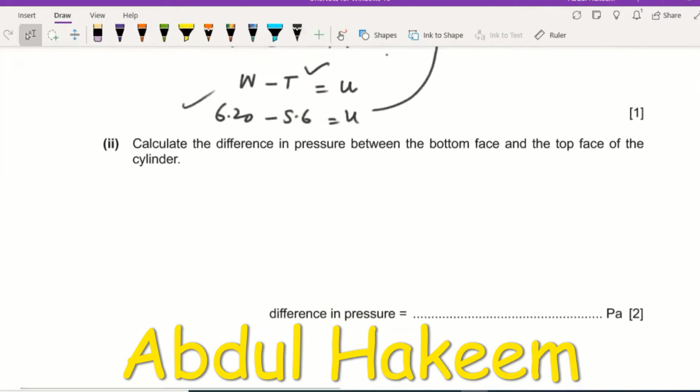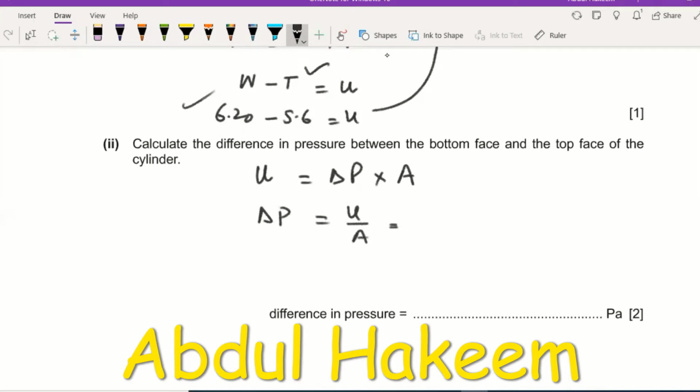Now calculate the difference in the pressure between the bottom face and the top face. So look, the upthrust is equal to pressure difference multiplied by area. The definition of the upthrust is the force exerted on the object due to the pressure difference between top and bottom. So the pressure difference is equal to upthrust divided by area.